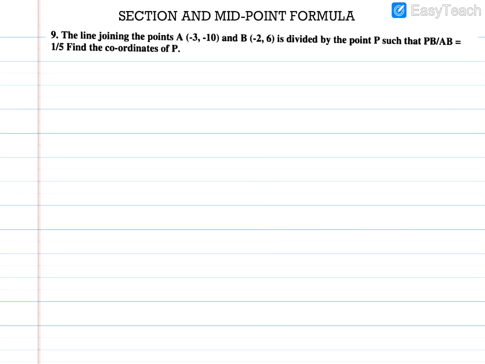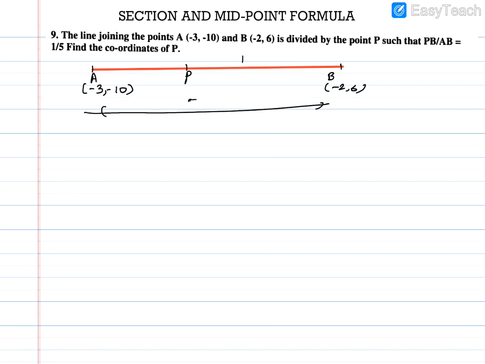Now sum number 9. The line joining the points A minus 3 comma minus 10, B minus 2 comma 6 is divided by point P such that PB is 1 and AB is 5.